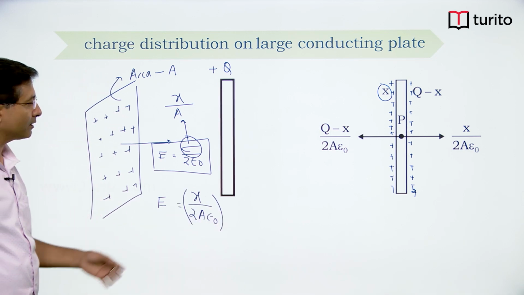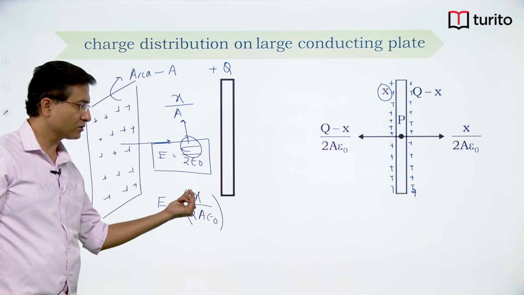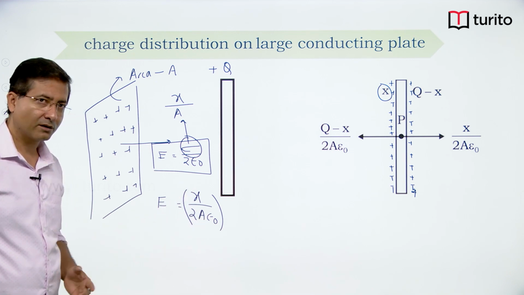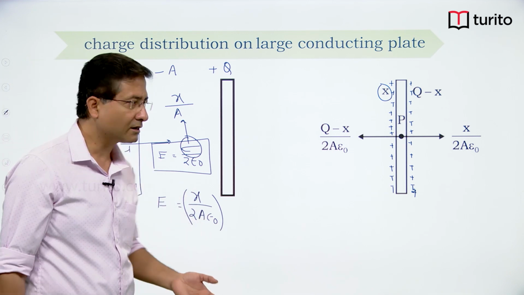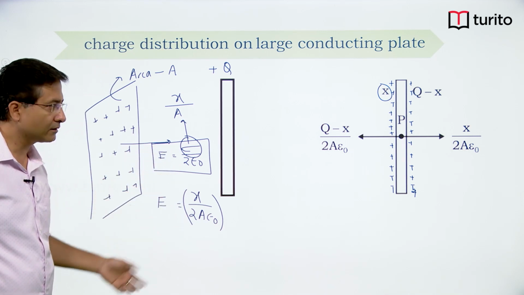Do remember this result: whatever charge appears on one surface, the field because of that is given by charge divided by 2 epsilon naught. From here onwards I am directly using this result, as it is convenient to write.